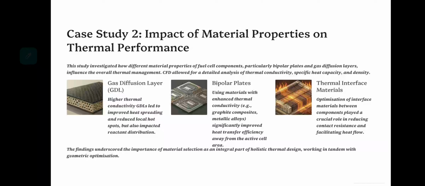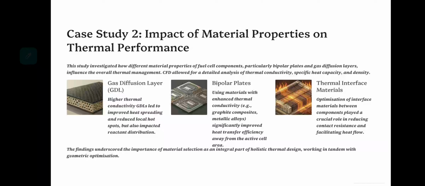Case study 2: impact of material properties on thermal performance, including gas diffusion layers (GDL), bipolar plates, and thermal interface materials. Gas diffusion layers: higher thermal conductivity GDLs lead to improved heat spreading and reduced local hotspots, but also impacted reactant distribution.